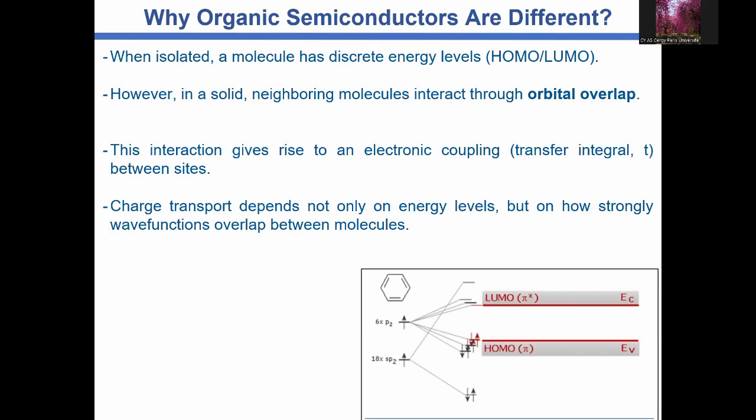You can see that here is high energy, here is low energy, and you have several carbons, so you have several states. We can call HOMO the highest occupied molecular orbital. So it means the highest orbital that has electron in the system. And LUMO is the lowest unoccupied molecular orbital.